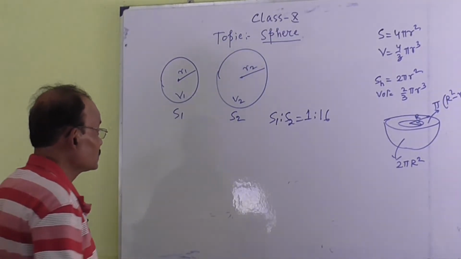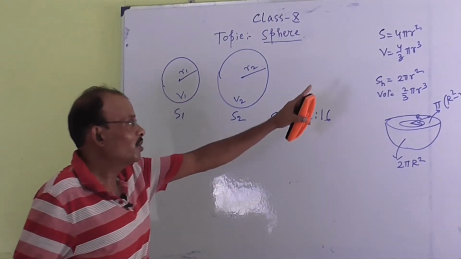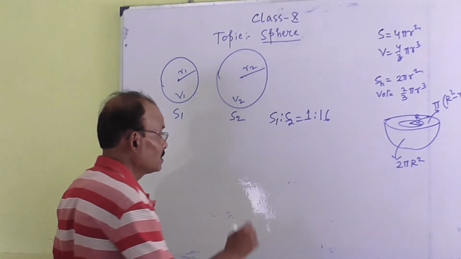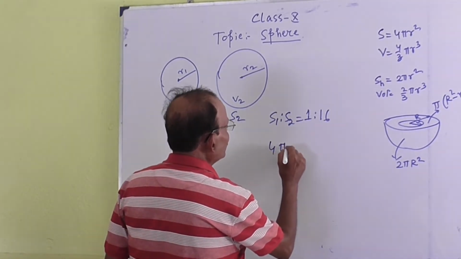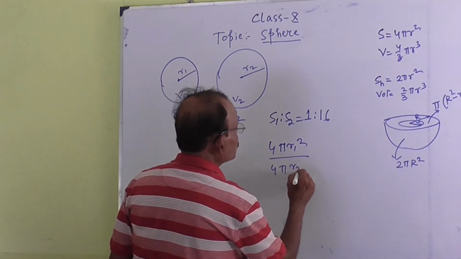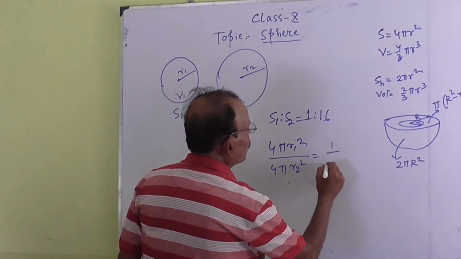Clear? So, from the formula of the surface area of the sphere, 4 pi r1 square by 4 pi r2 square equal to 1 by 16.